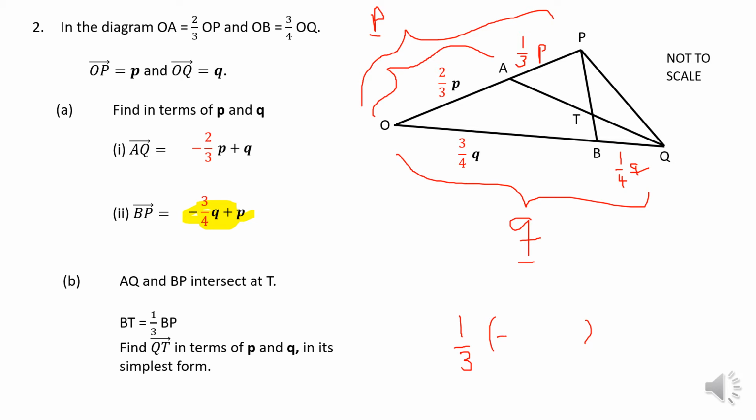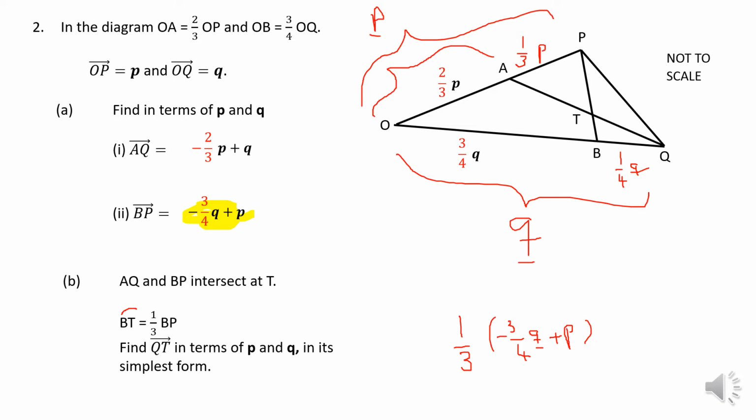minus 3/4 of Q, plus P. So when you clean this up, this is going to give you nothing but BT. Let me just make sure that you get that.